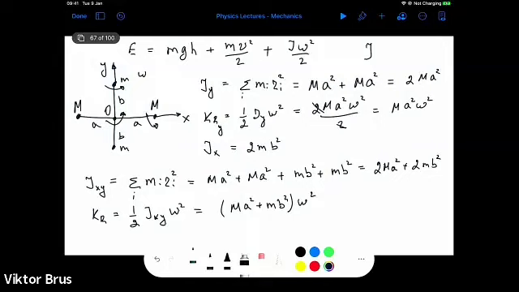Okay, so with this simple example for a system of masses, separate masses or separate bodies, we finished.